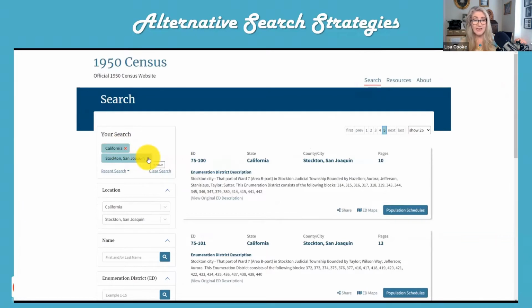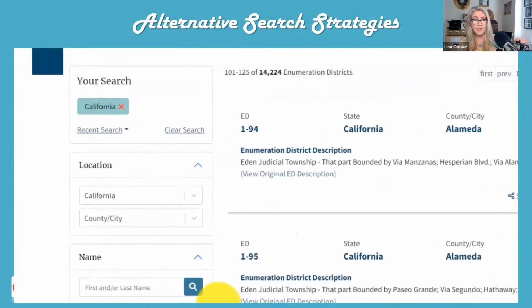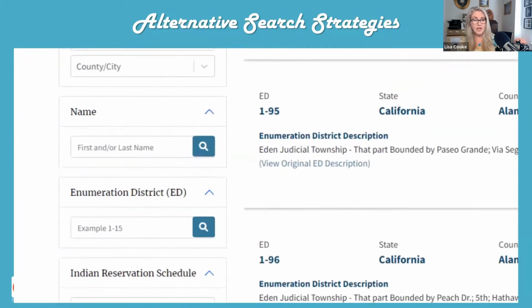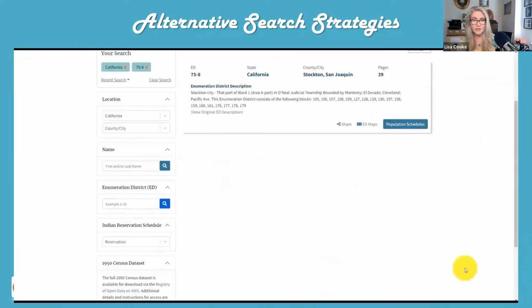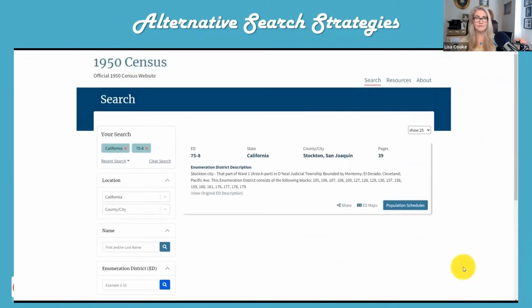I'm just going to take the whole county off, stay in California, and put my ED number in, because I know exactly what it is. Click search. There it is, down to 1. So who knows why it didn't come up, but it didn't. So start with the state and just put the ED number in if you have it. That's a really nice, fast way to go.